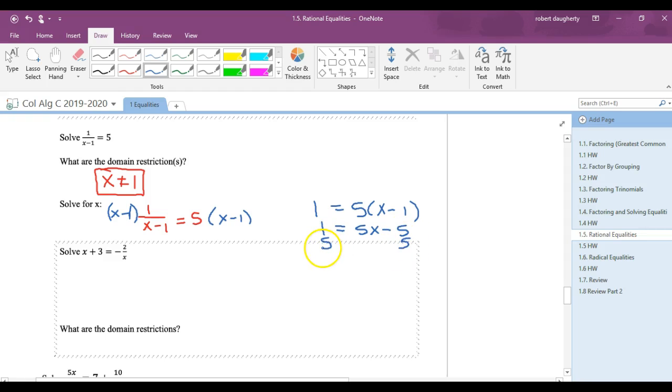Add 5 to both sides. 6 equal 5x, so x is equal to what? x is equal to 6/5. Does that violate the condition? No, x cannot be 1, so we're good, okay? That one we're good with.